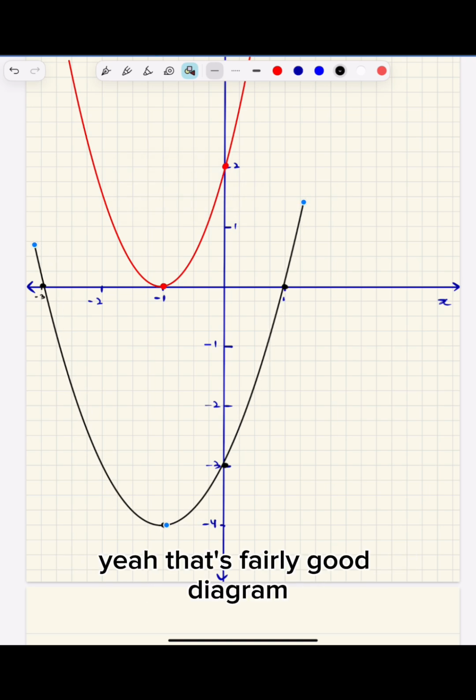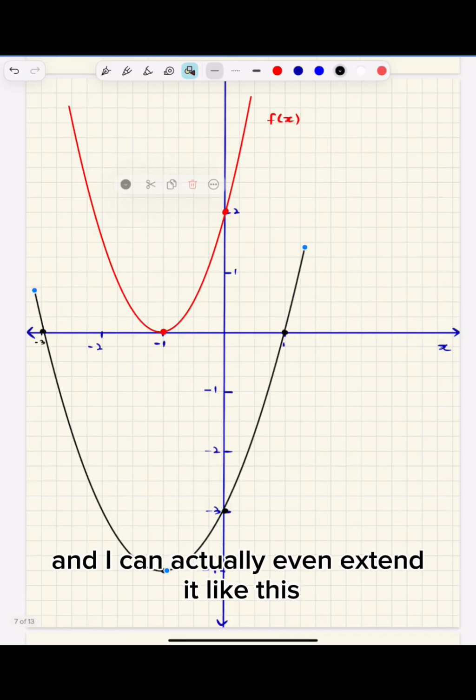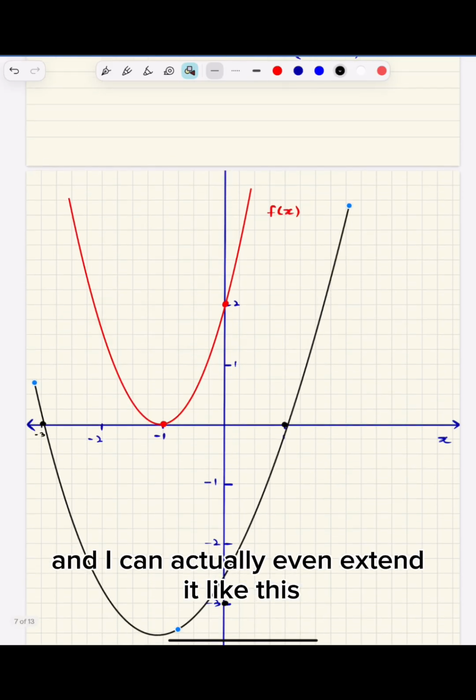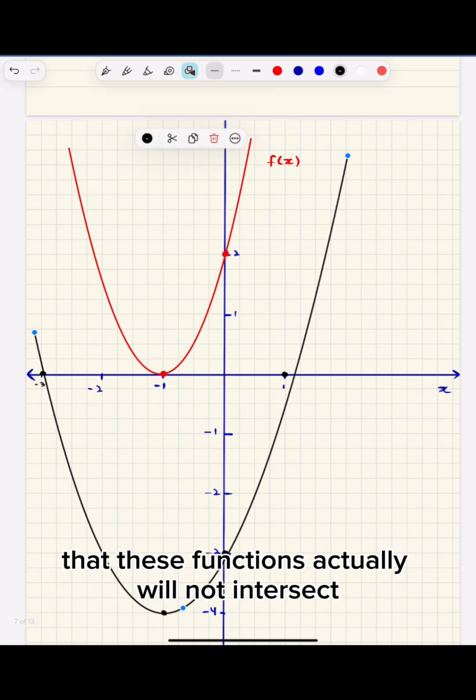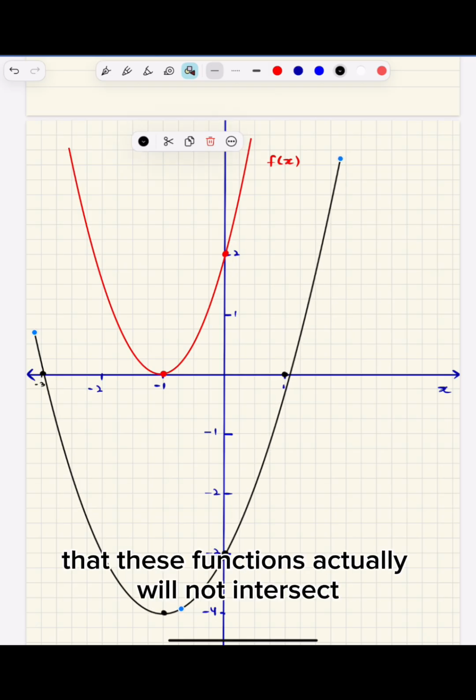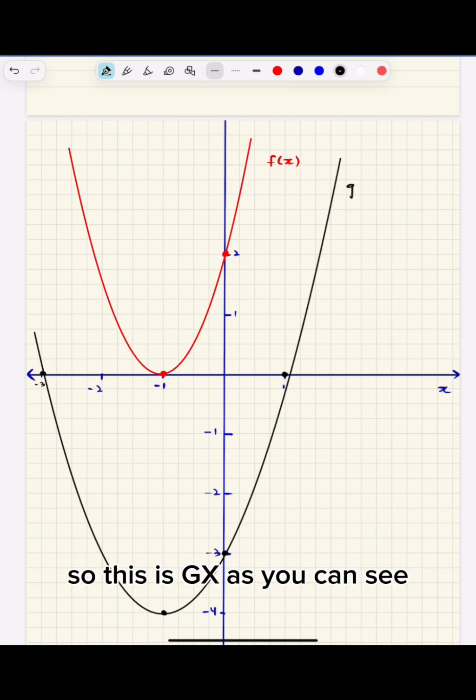Yeah, that's a fairly good diagram, and I can even extend it like this in order to show that these functions will not intersect. So this is g(x).